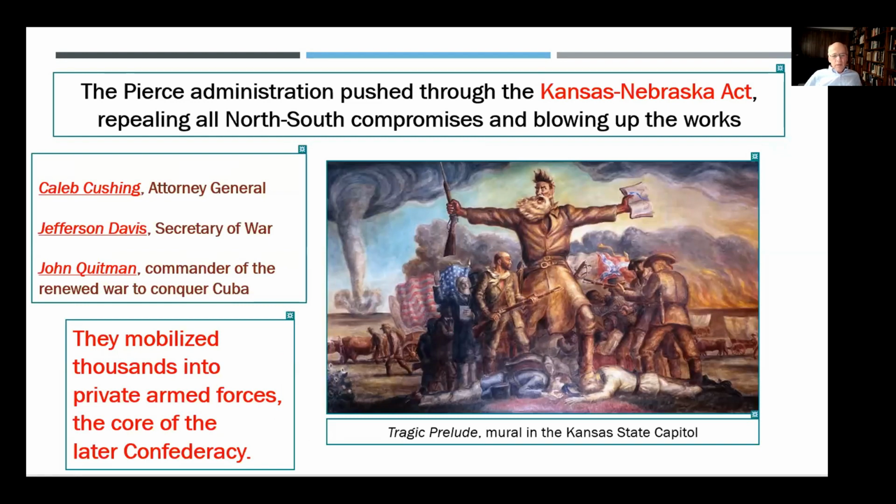As soon as Pierce became president, he campaigned on keeping the peace in the United States and not making agitation about slavery. As soon as he got in, together with Stephen Douglas, a politician from Illinois, they pushed through an act to open up the West to slavery, repealing all compromises, north-south, blowing up the country.